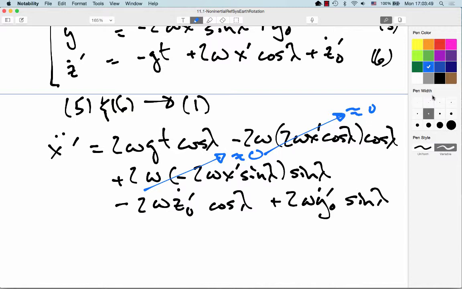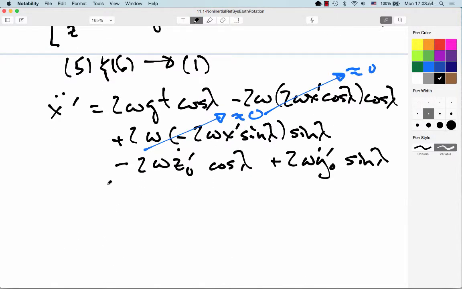All right, so we can clean that mess up a little bit. And we get x prime, which we'll need anyway, is going to be, oops, sorry, don't want to integrate just yet. My bad. X double dot, just cleaned up here, is going to be 2 omega gt cos lambda.